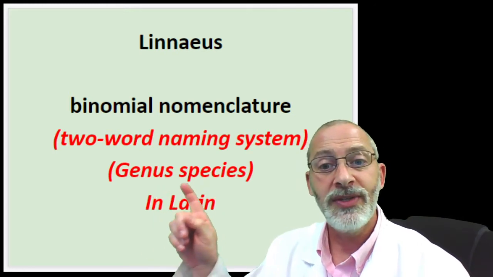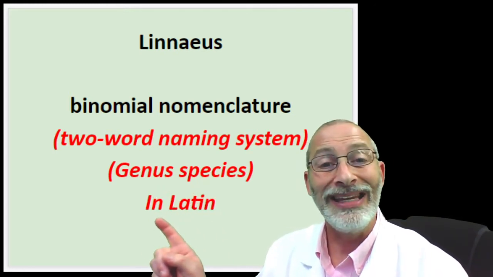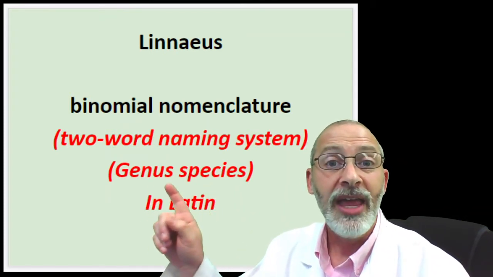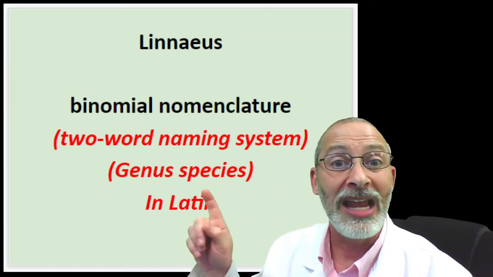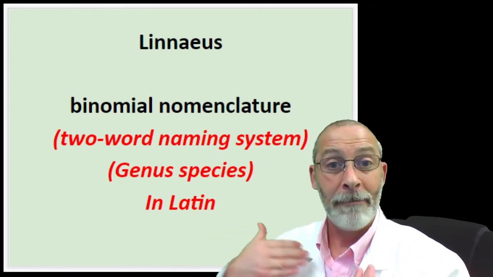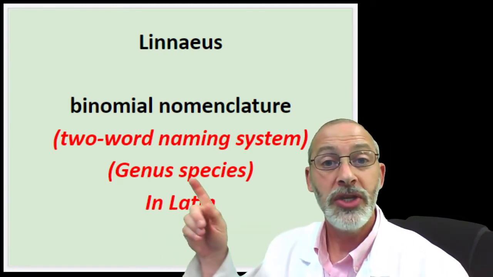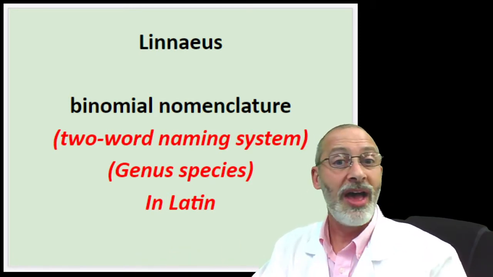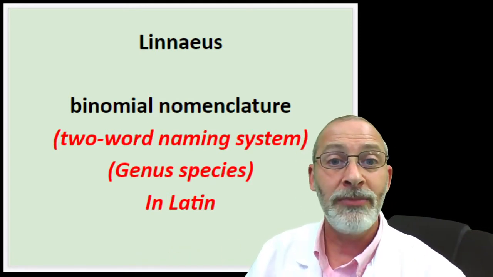And the genus and the species are always written in Latin. But the genus and species is kind of like an organism's first name and last name. Like my name is Henry Skirpst, my first name and my last name. You have a first name and a last name too.